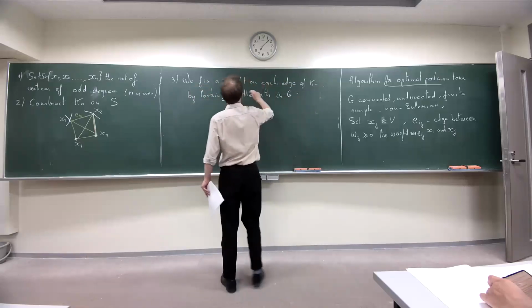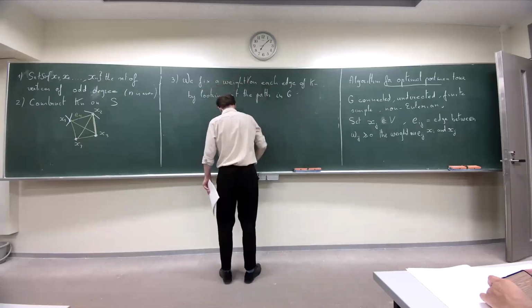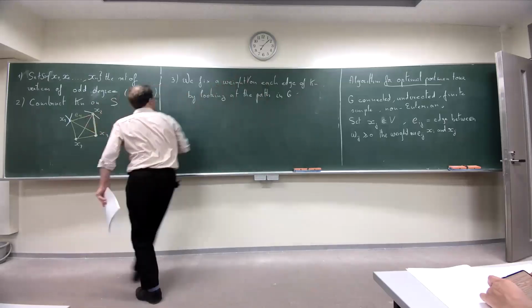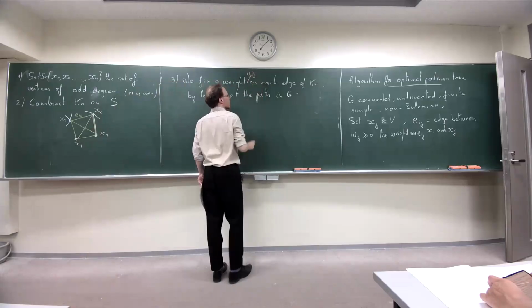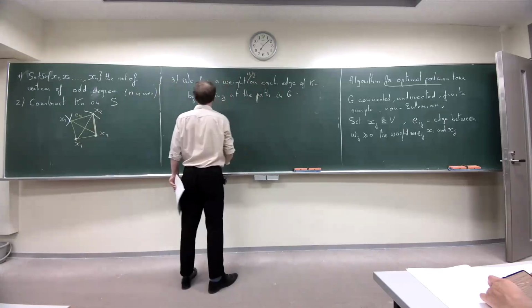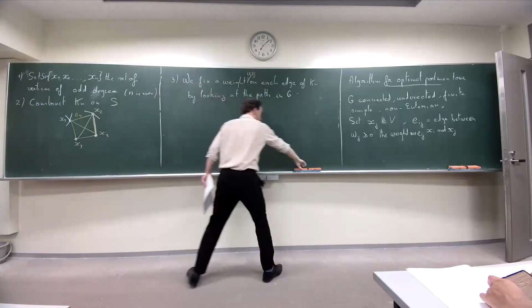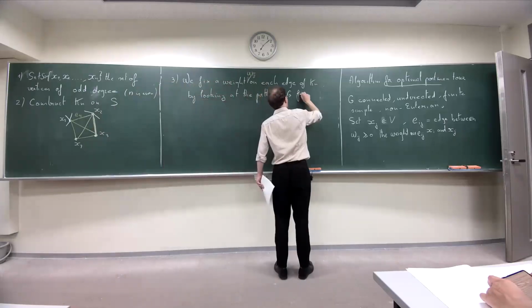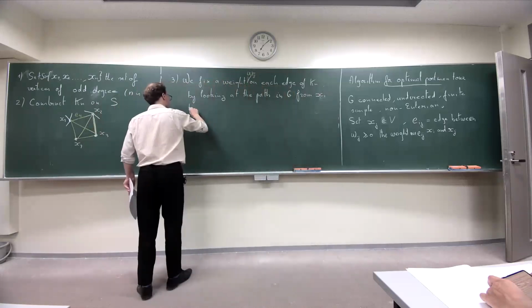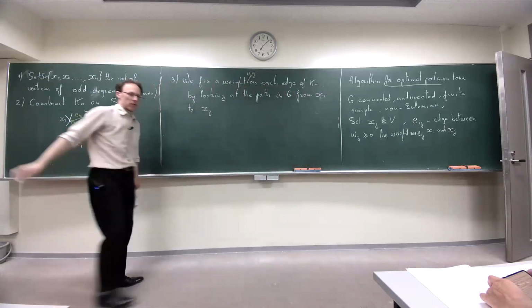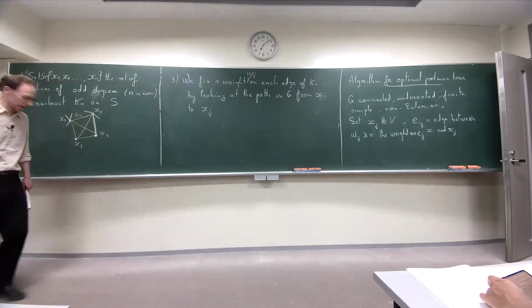We fix a weight, yellow, I'm going to use yellow Wij, for each edge, by looking at the path in G from xi to xj. And we have an algorithm for this.